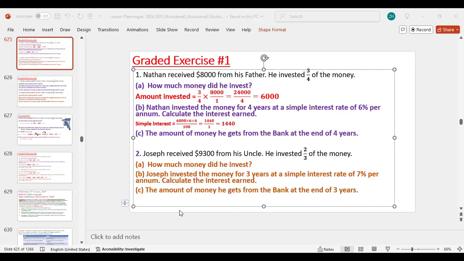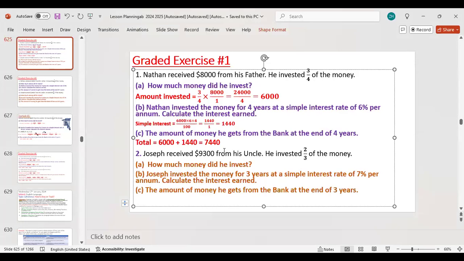What you have to do is add the principal plus the simple interest. You do 1,302 plus 6,200, and you get 7,502.